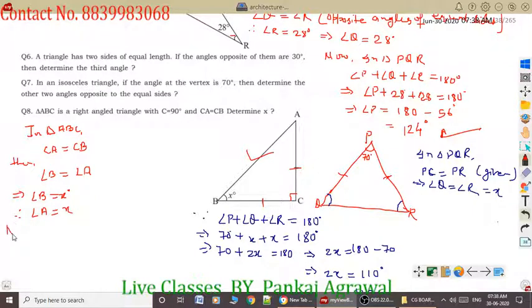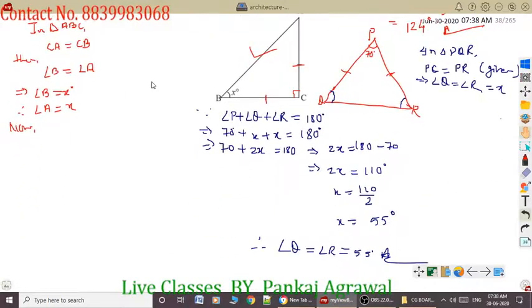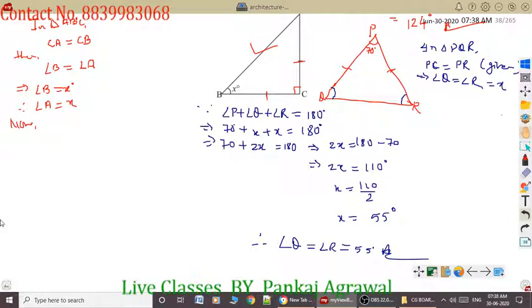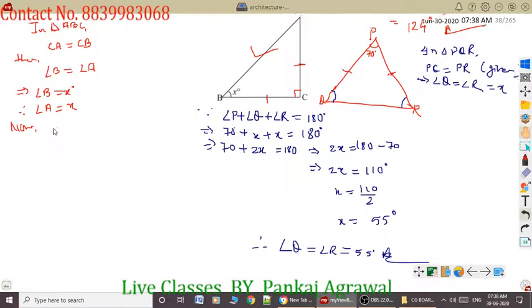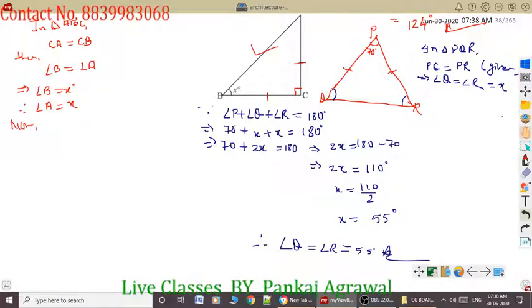Now you can write, by the properties of a triangle, in triangle ABC, angle A plus angle B plus angle C equal to 180 degrees. Put their values.